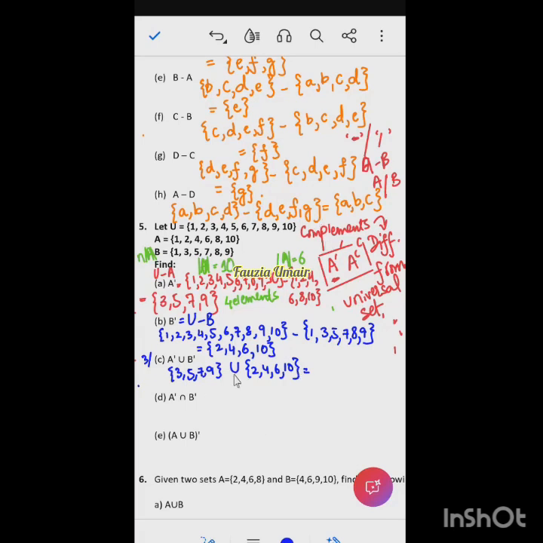What does this symbol union mean? Which elements will come in the answer? Let's say, can you recall, Hashim? Which elements will come in the answer if we are doing the union operation, the first one which we have learned?